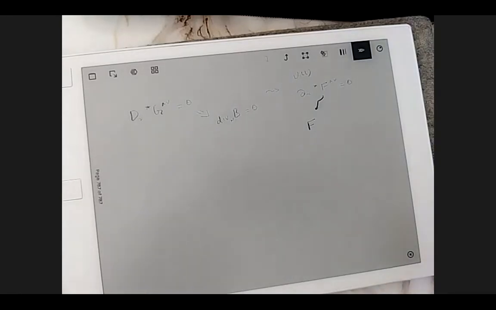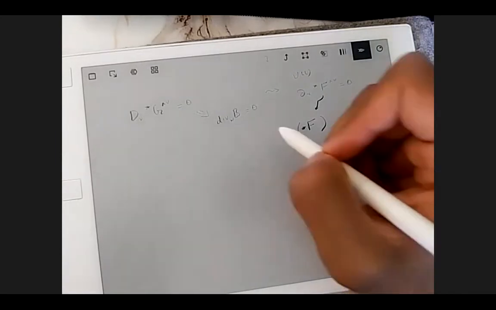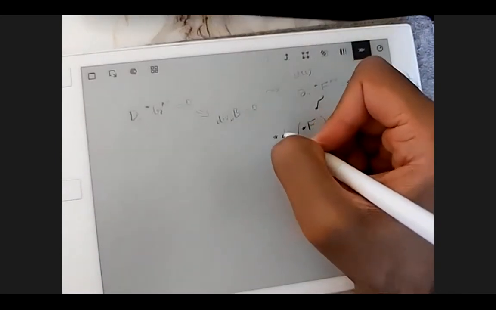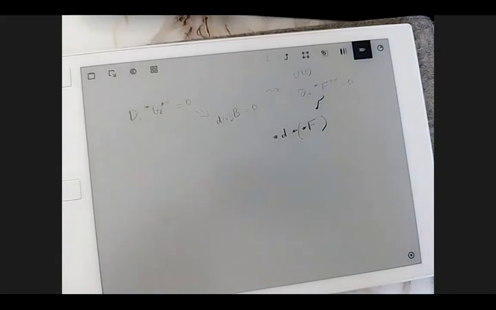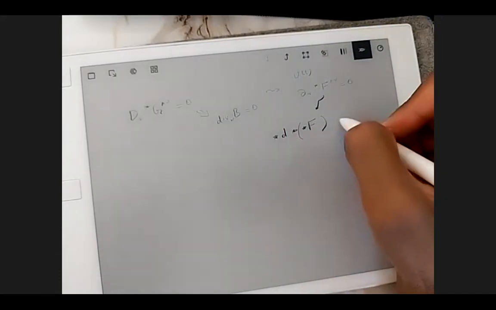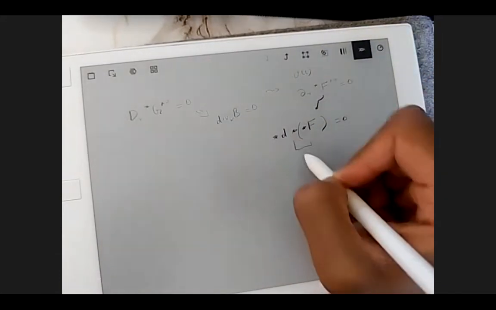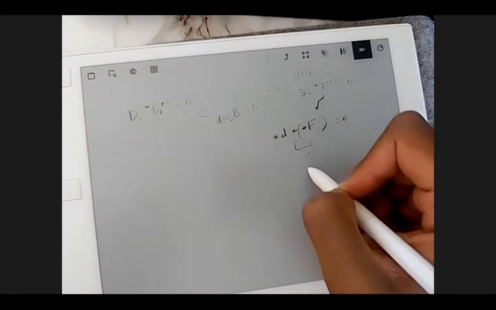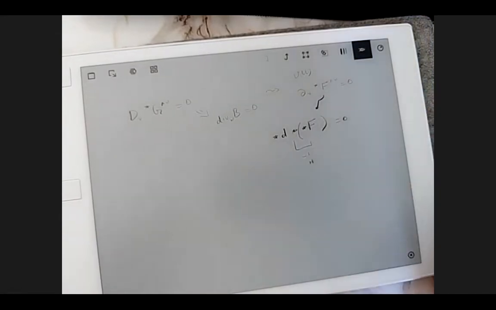Nominally, this is saying that we have star f, right? But since we're taking a contraction with the derivative, we need to use the divergence. So the divergence is what? Star d star equals 0. Remember that in Lorentzian signature, this is -1, and in Euclidean signature, this is +1.